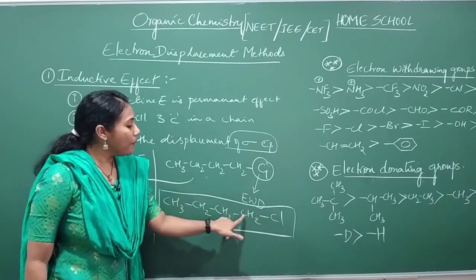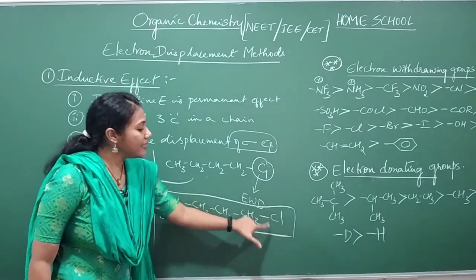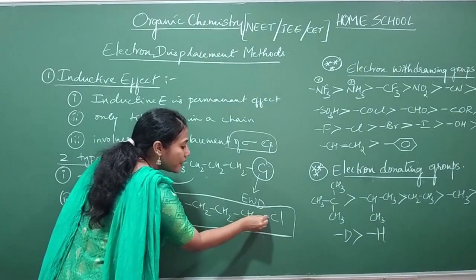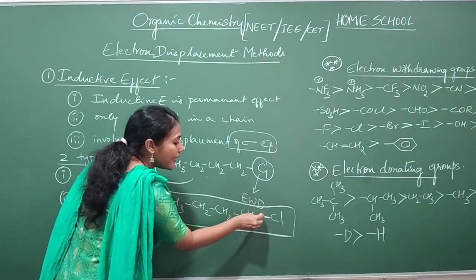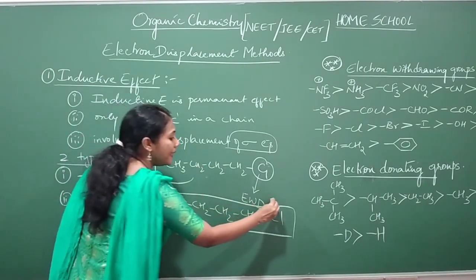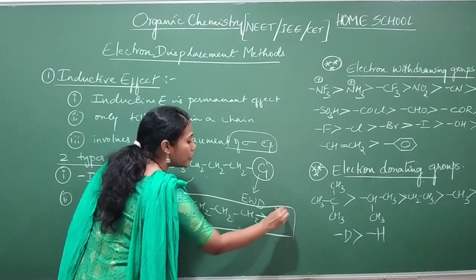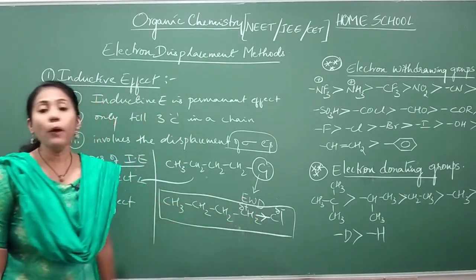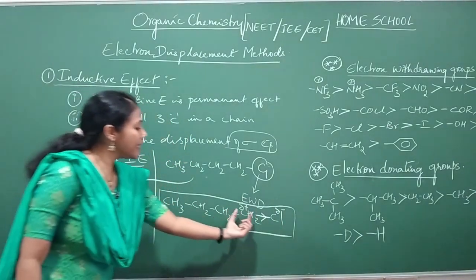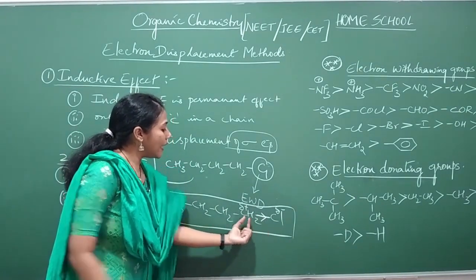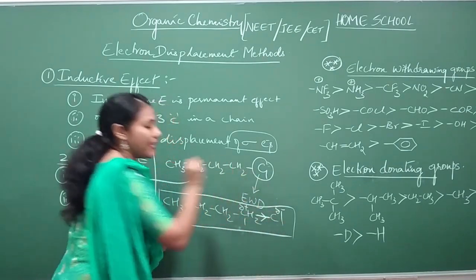Among these two, definitely Cl is more electronegative. So this particular sigma bond is trying to move towards Cl, making Cl more electronegative and our carbon more electropositive. This is the polarity you have observed between carbon 1 and the Cl atom.